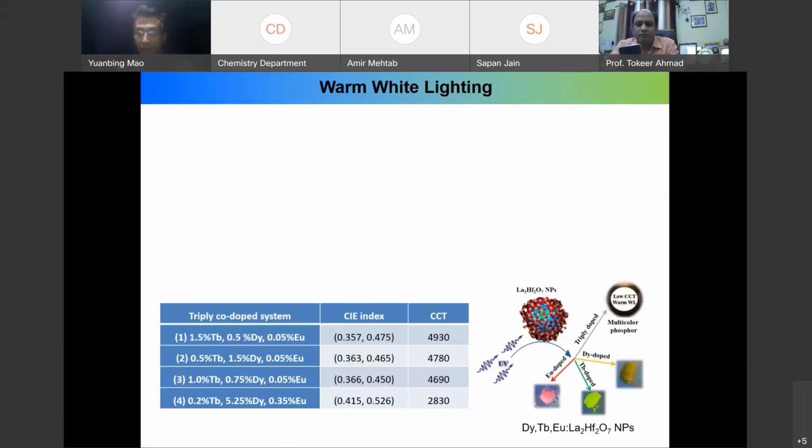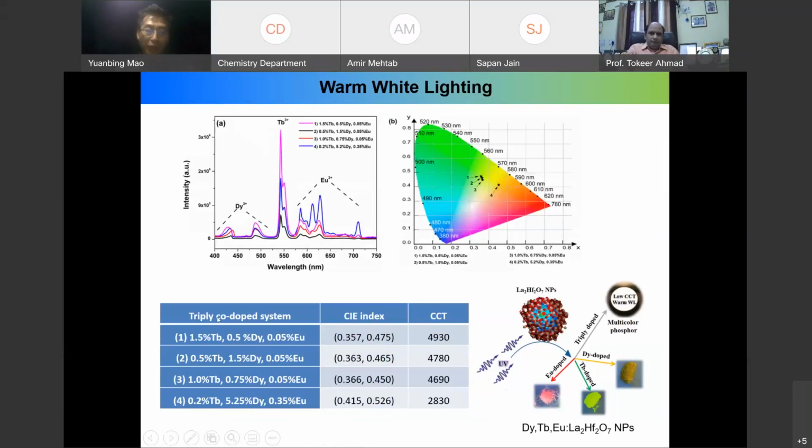It's called a triply doped sample, and we tuned the concentration of these three. Then we get light at different CIE coordinates, and the CCT could also be tuned. That's one example.